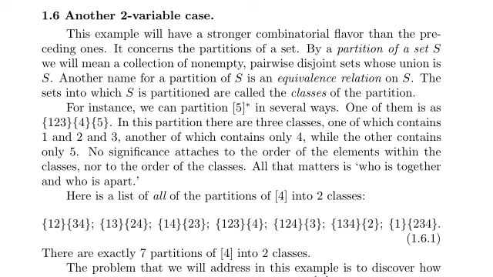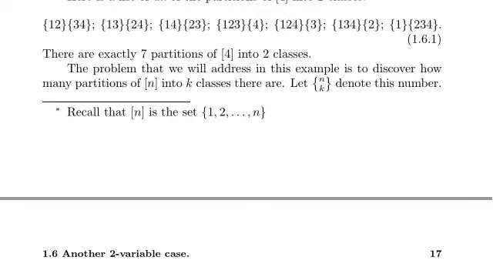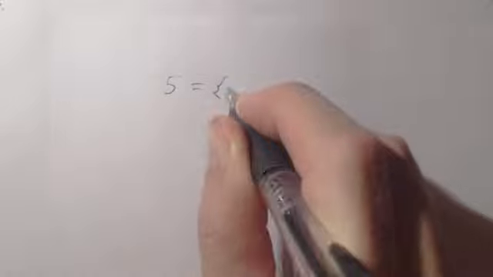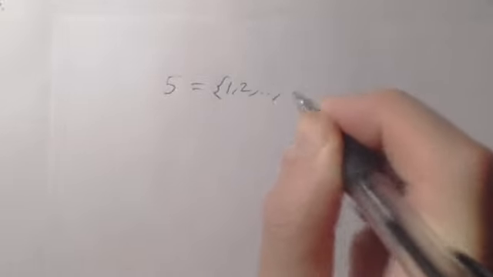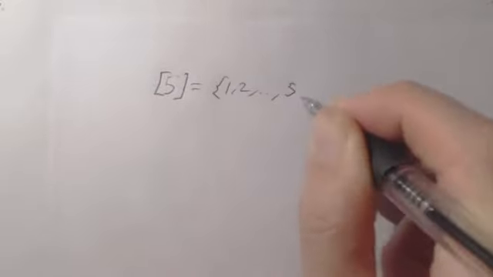For instance, we can partition 5 in square brackets, asterisk, that's a footnote. Recall that square brackets n is the set of integers 1 to n. So 5 is the set 1, 2 to 5.